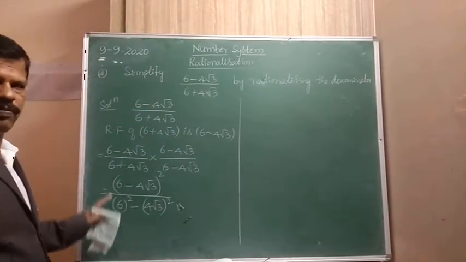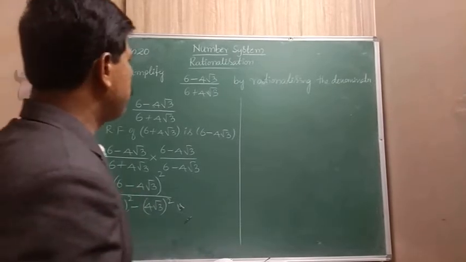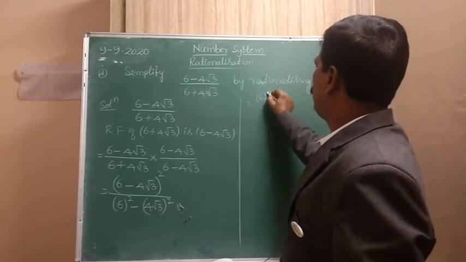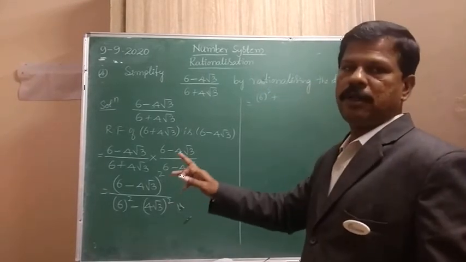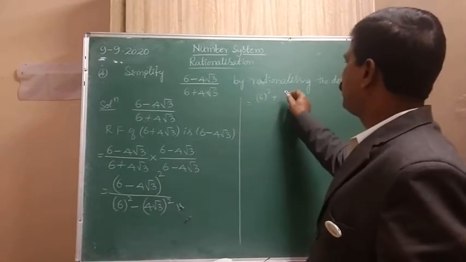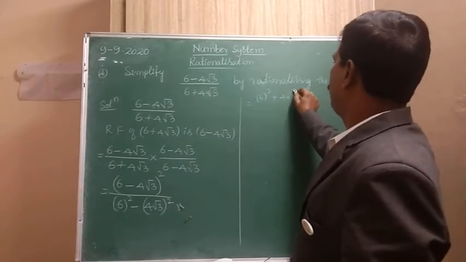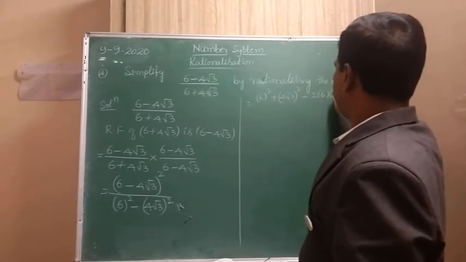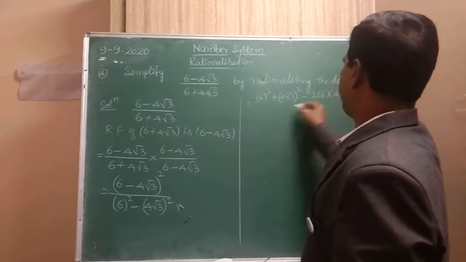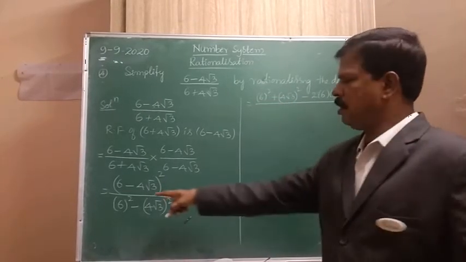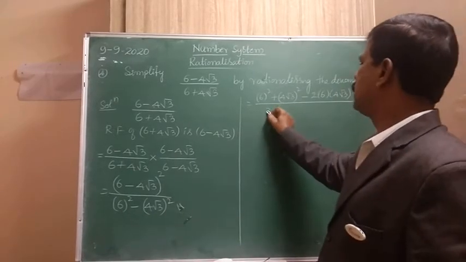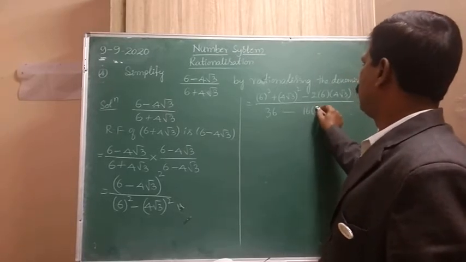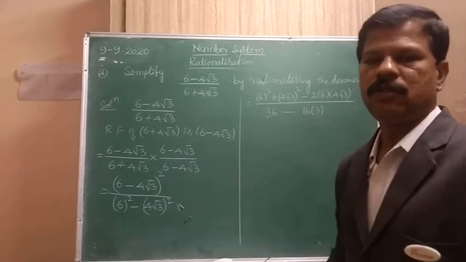Clear this? Now next is the (a minus b) whole square expansion. That means a square plus b square minus 2ab. Remember, for (a minus b) whole square or (a plus b) whole square, here it is plus only: (4 root 3) whole square, minus 2 into 6 into 4 root 3, whole divided by 6 square, which is 36, minus 4 square, which is 16, root 3 gets cancelled, you will get 3 only.